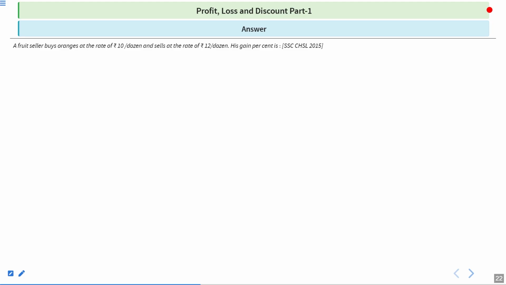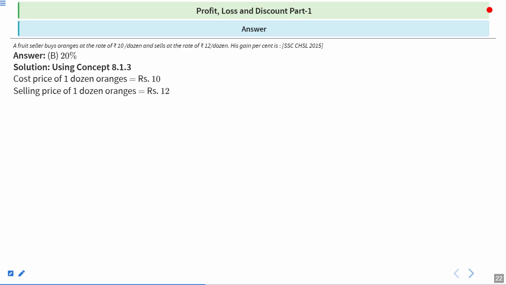So a fruit seller buys oranges at the rate of 10 rupees per dozen and sells them at 12 rupees per dozen. So we can say that there is a profit of 2 rupees per dozen. The correct answer of this question is B, which is 20%. Now see the detailed solution. Using concept 8.1.3 in this question, the cost price of 1 dozen oranges is 10 rupees and the selling price of 1 dozen oranges is 12 rupees.